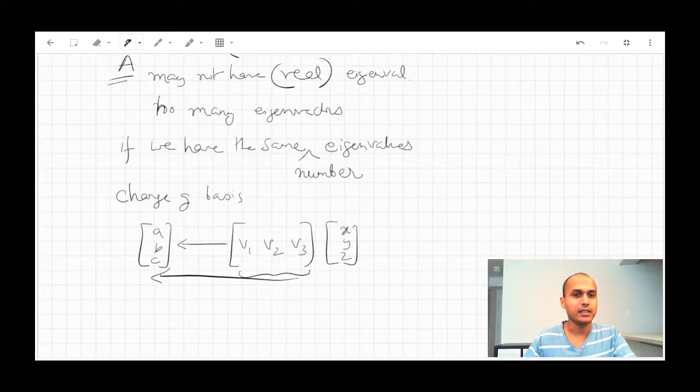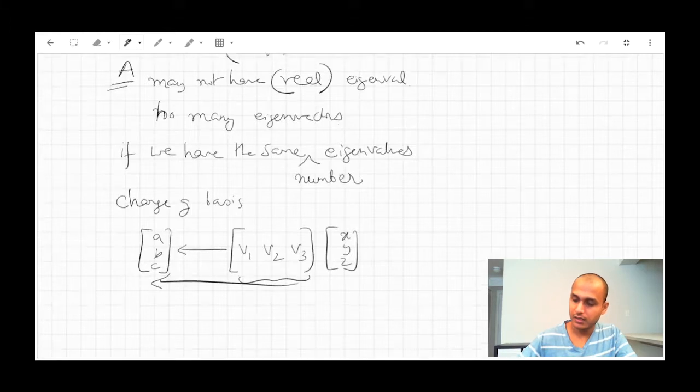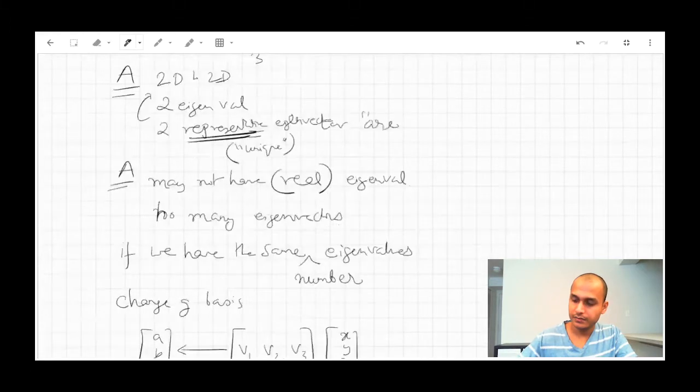Let's say I can change the basis. Note that it turns out these eigenvectors are perpendicular to each other. What do I mean by that?